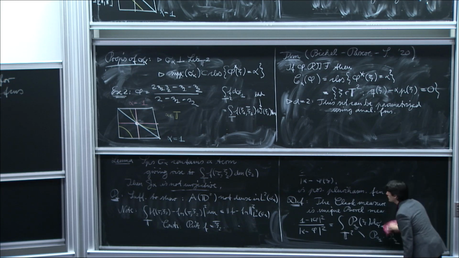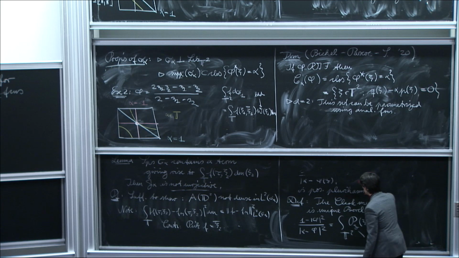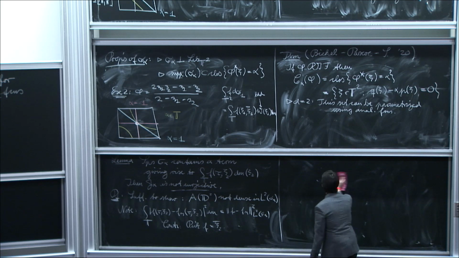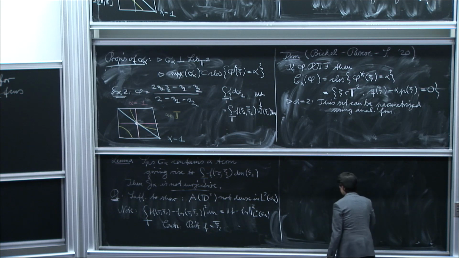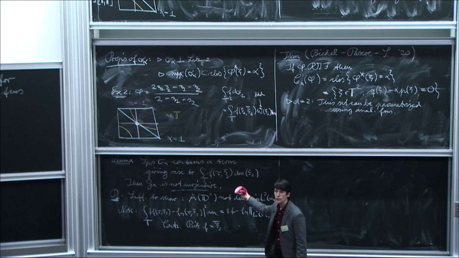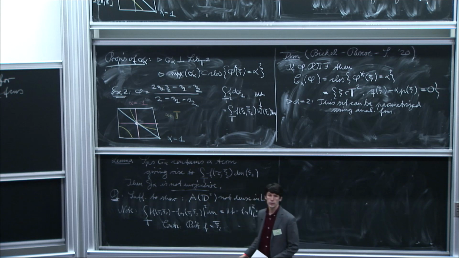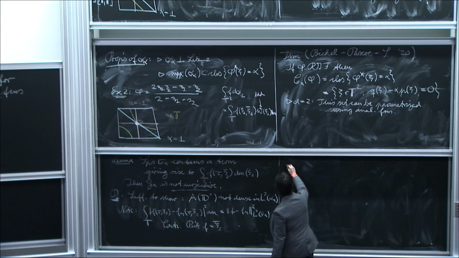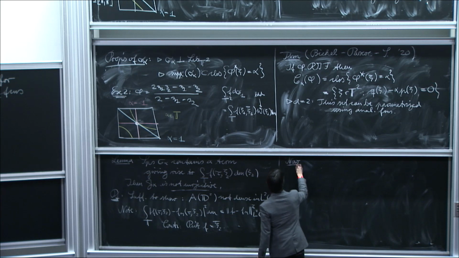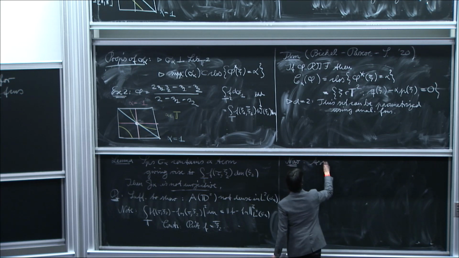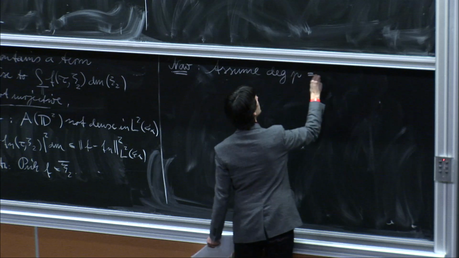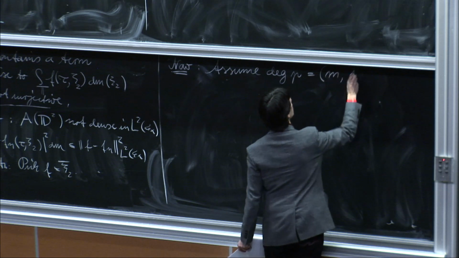The reason I stated this simple lemma before the main theorem is that I'm going to restrict my attention to a certain subclass of rational inner functions, but this lemma is valid in general. It doesn't require anything. So now we're going to assume that the degree of P is (m, 1).